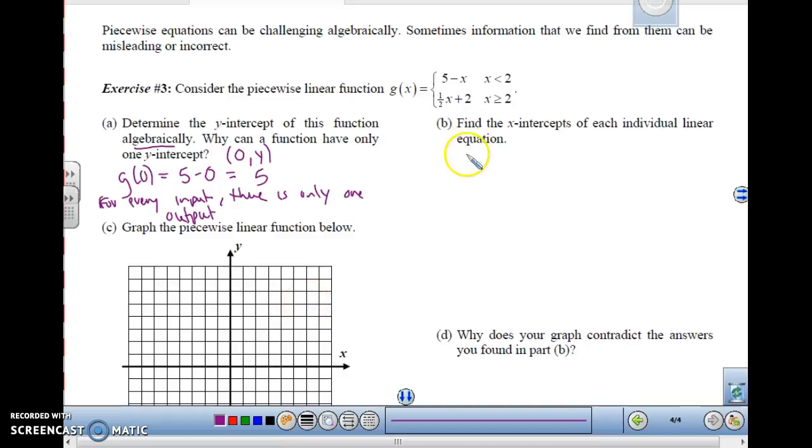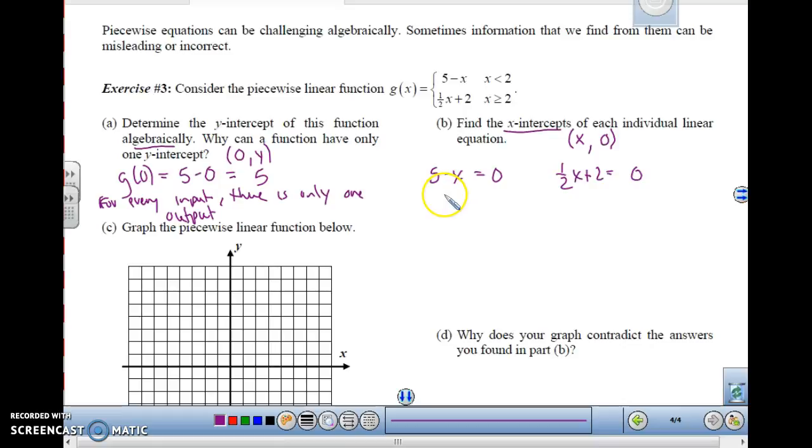All right. Now, let's find the x-intercepts of each individual linear equation. All right, the x-intercepts is where you have a value of x and your y is 0. So, on the individual equations, we would have 5 minus x is equal to 0, and the other equation would be 1/2 x plus 2 is equal to 0.